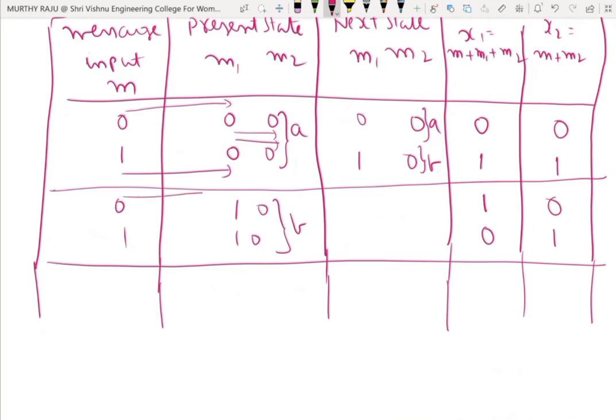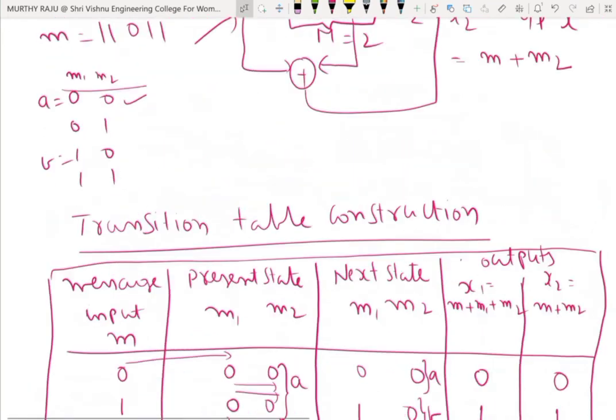M bit 0 is shifted to the M1 place. The 1 bit in M1 is shifted to the M2 place. Here the 1 bit in M is shifted to the M1 place. Here the 1 bit in M1 is shifted to the M2 place. This one is C, this one is D.